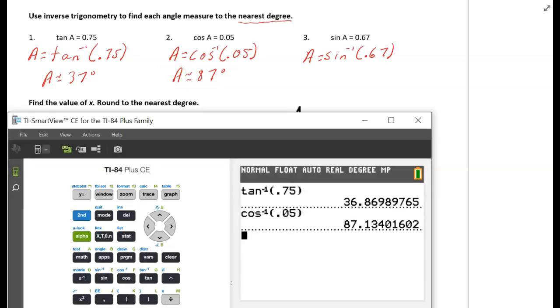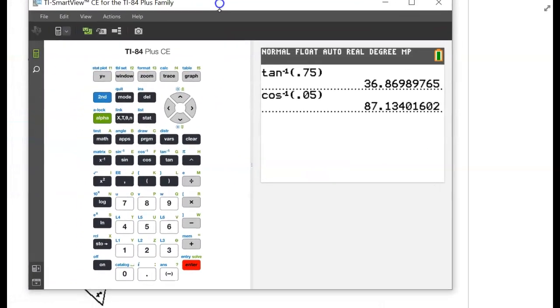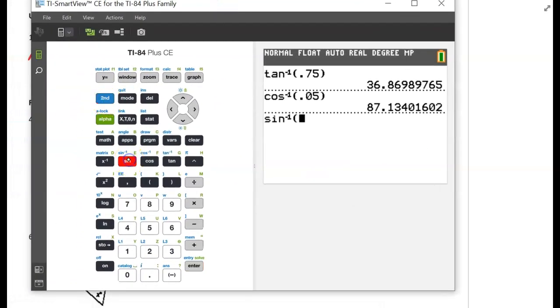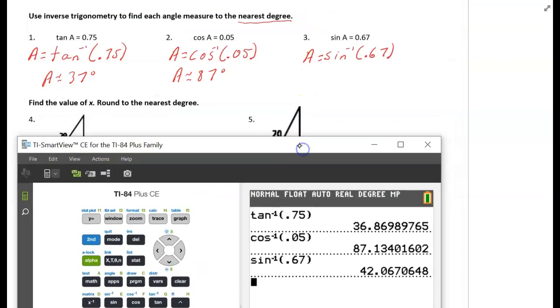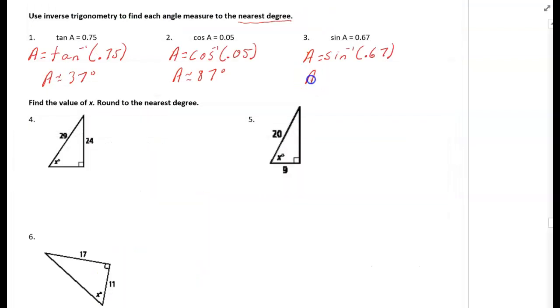And for the third problem, we're going to press inverse sine 0.67, and that angle is around 42 degrees. So this is how we use our calculator to find the angle.